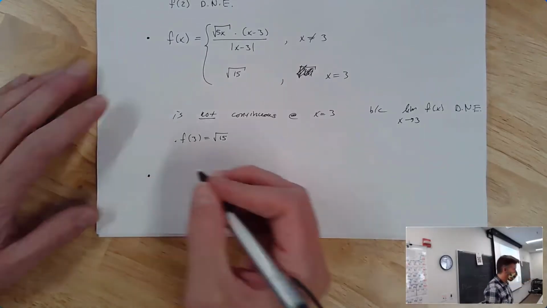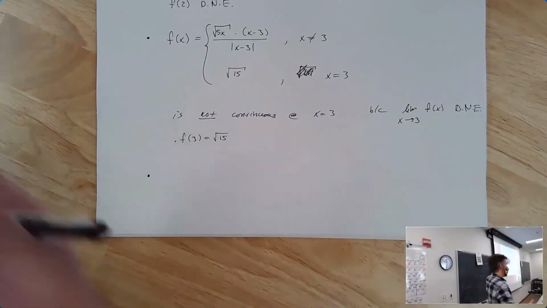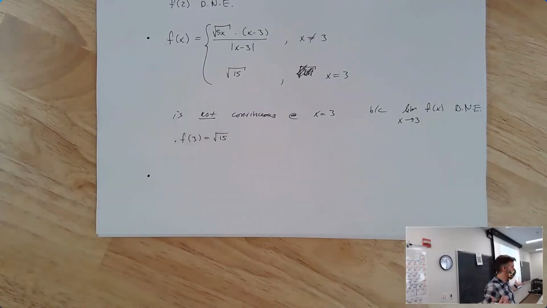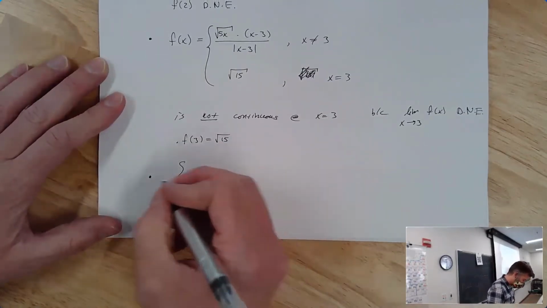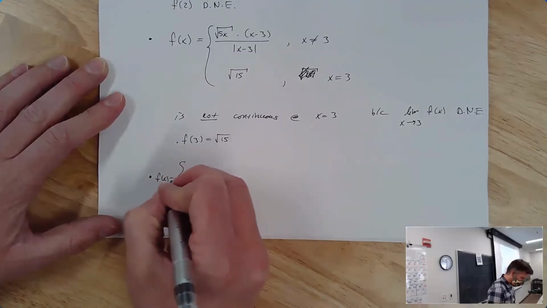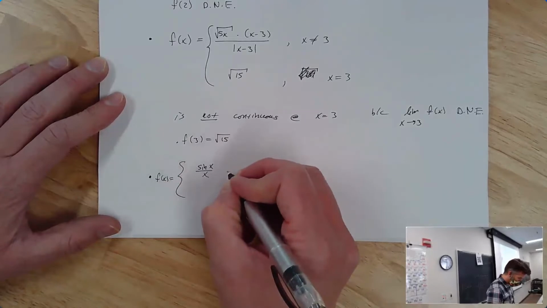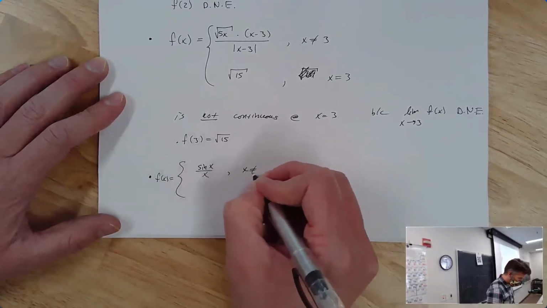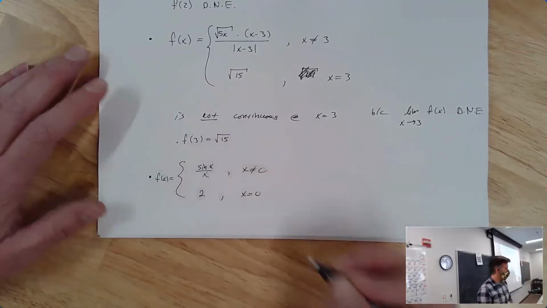And then the most disappointing way a function cannot be continuous is when the limit exists and the function exists, but they're not the same. Kind of the nicest example of this is f of x equal to sine of x over x when x is not 0, and 2 when x is 0.